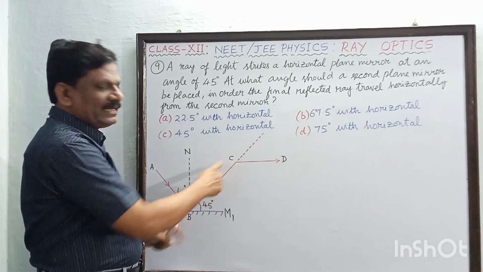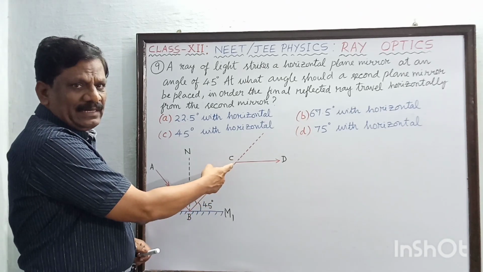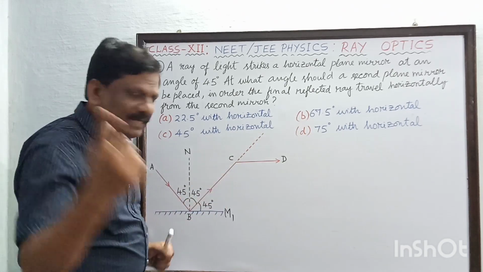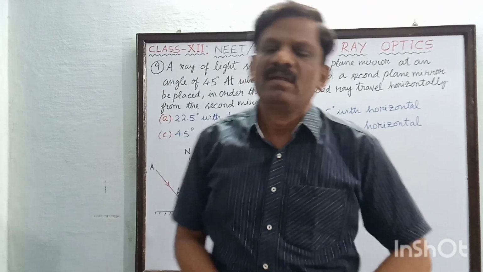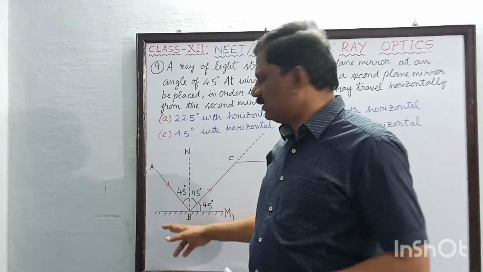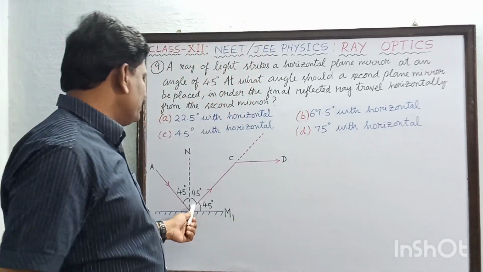This first reflected ray is falling on a mirror. I should place a mirror at this point, so that the second reflected ray is denoted by CD. So for the first mirror M1, the incident ray is AB and the reflected ray is BC.